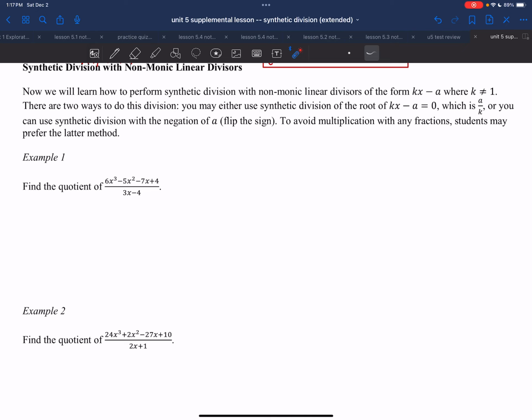So here's how this works. There's kind of two ways to do this. You could use the root of kx minus a. So like if you're looking at example 1 down here, you have 3x minus 4. And if you find the root of that, add 4 to both sides, you get x is 4 over 3.